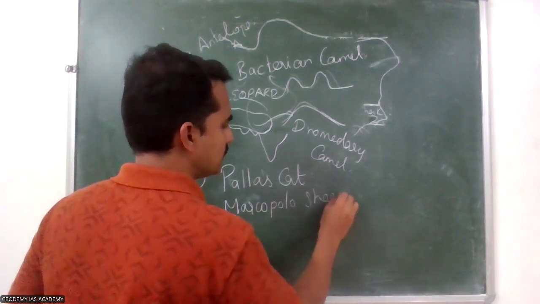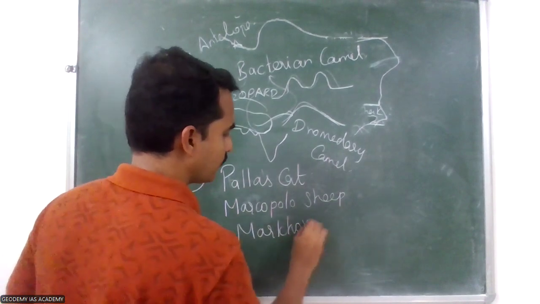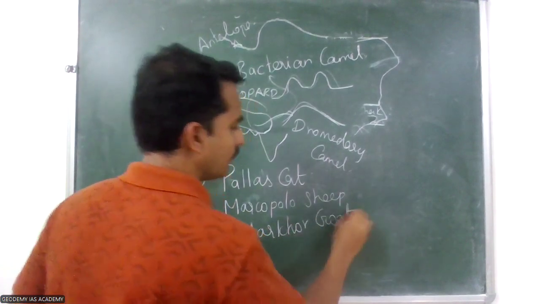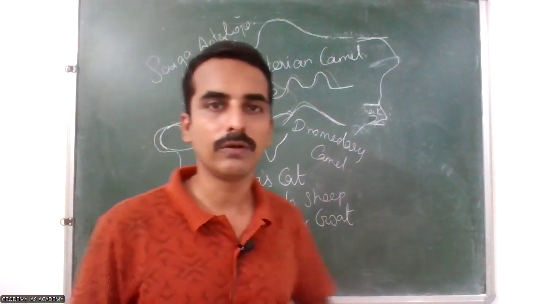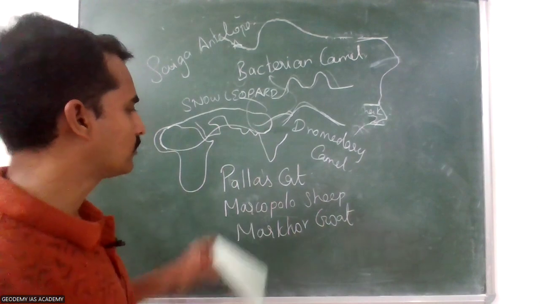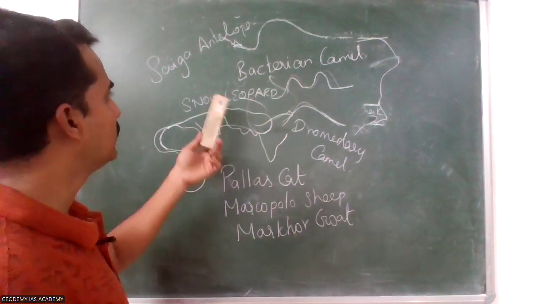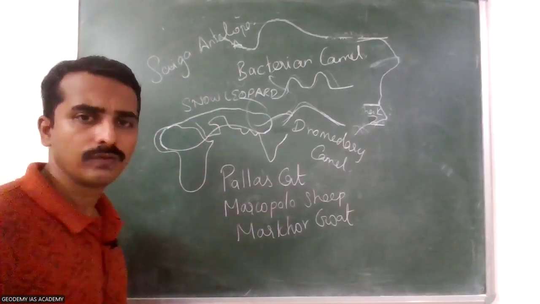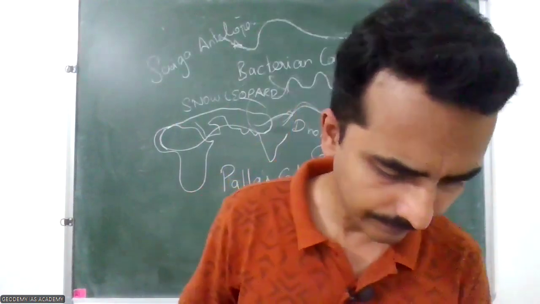And the Markhor goat. Markhor is the national animal of Pakistan. Okay. Markhor goat, Marco Polo sheep, Pallas cat, dromedary camel, Bactrian camel, snow leopard, Saiga antelope are the important species in Central Asia.